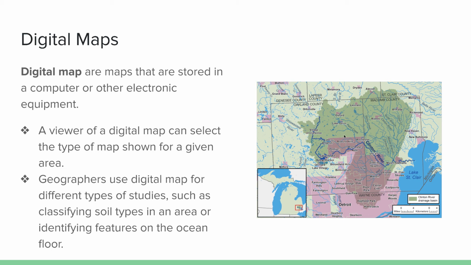And then this little spot right here kind of shows where Detroit is as a whole in Michigan. So this is a map of Michigan, and what's in this red square is basically this map right here. Okay, and we'll get into parts of a map in your next video, so you'll know what all of these things are on this map.